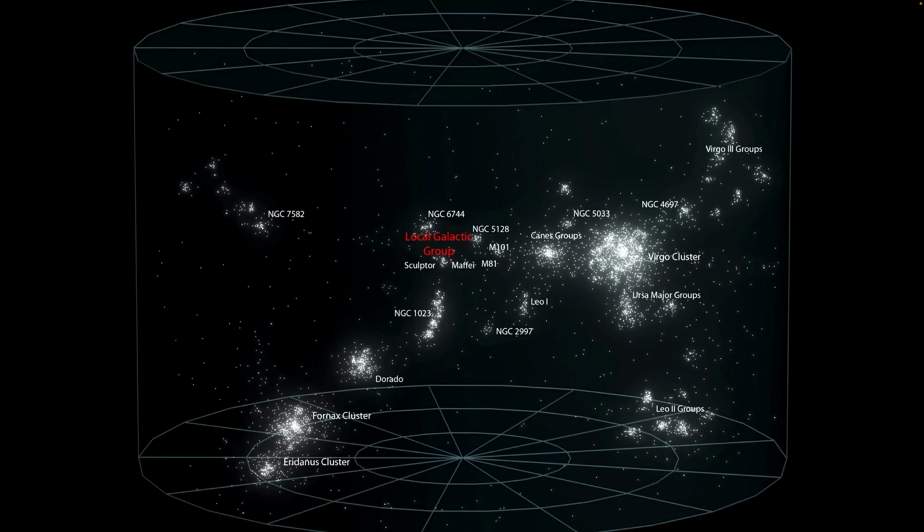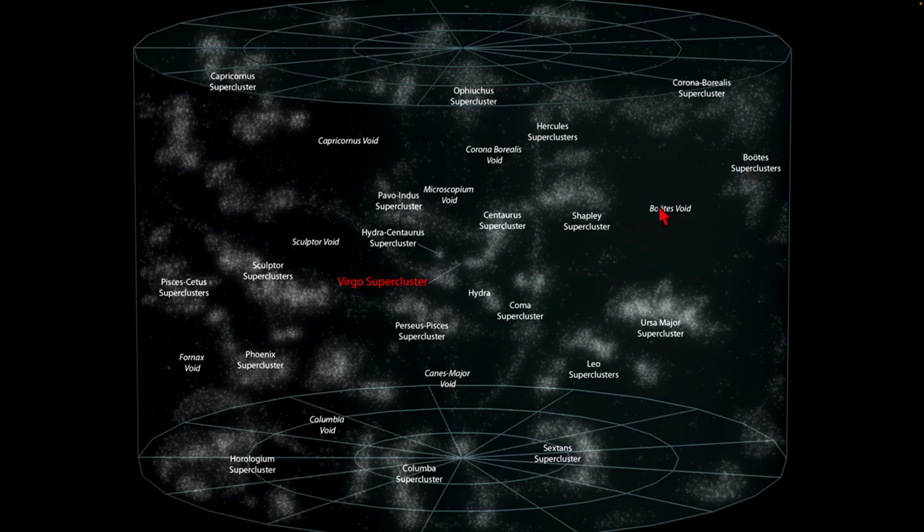If we do that again and look at a larger scale, so we zoom out still further, then the Virgo supercluster is sitting there near the center, and we see this web-like structure when we plot out the neighboring galaxies in the vicinity of our own Milky Way.